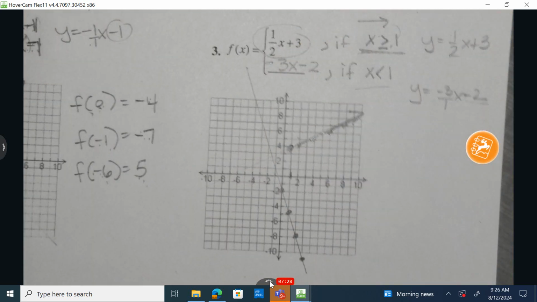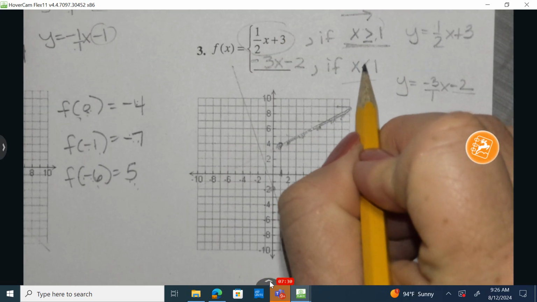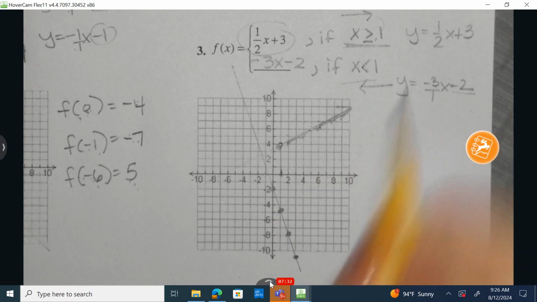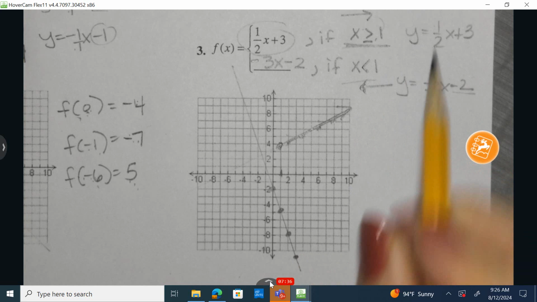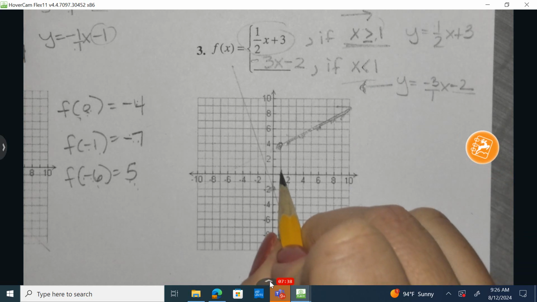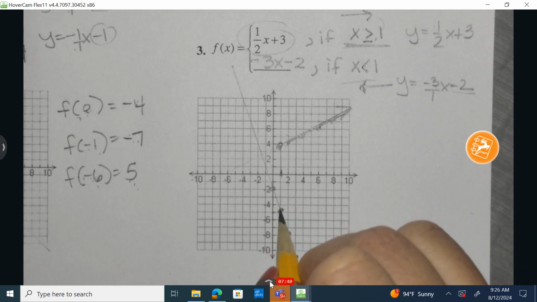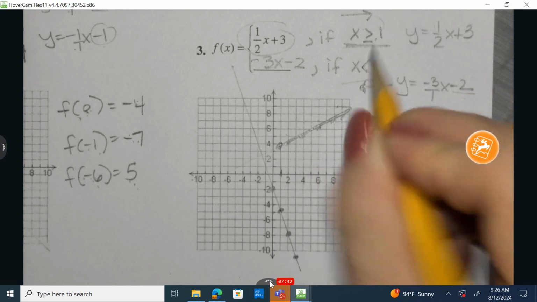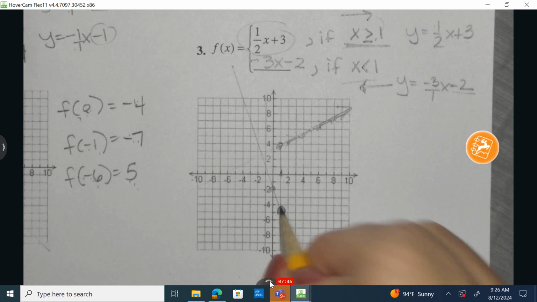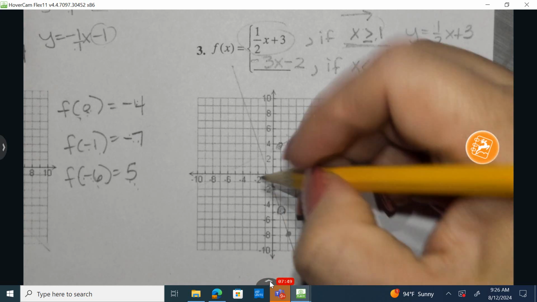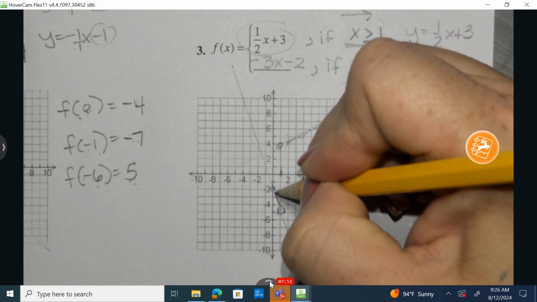And now I'm going to apply the constraint. Look at this and think of it as an arrow. The arrow says shade to the right, or to the left, excuse me, shade to the left. So I find 1, and I go straight down in this case until I actually hit this graph. Since there's no line underneath, when I hit the graph, I'm going to make an open circle. And now if I shade to the left, it means I'm only going to shade in this direction.